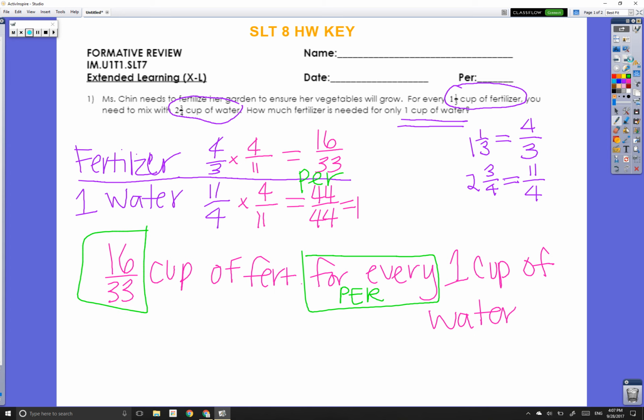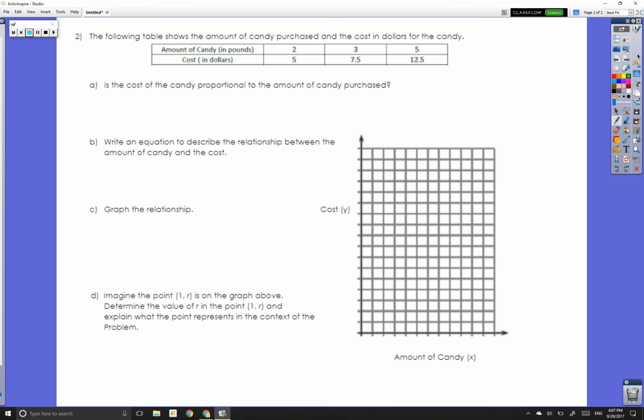Next, the second question is asking you to use the table to figure out the cost of the candy proportional to the amount purchased. So is it proportional? And let me make this a little bit bigger for you guys.